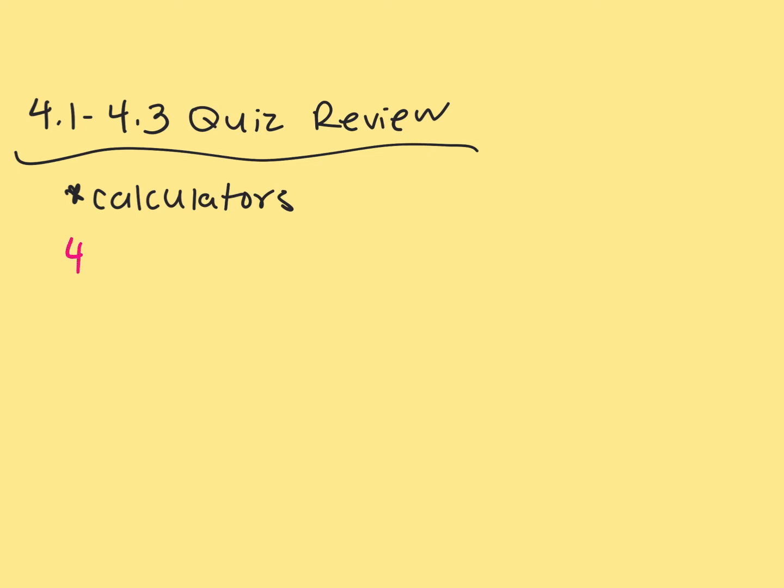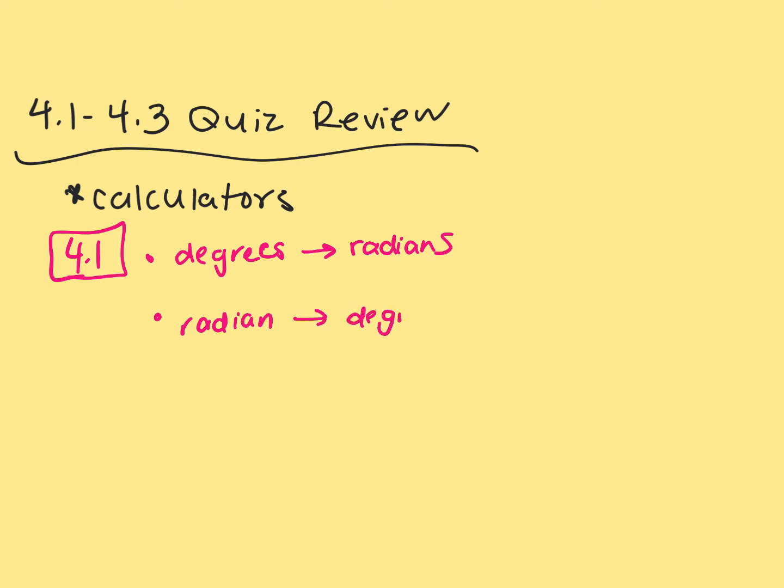So we started with 4.1, which was all the basics, right? So we did how to go from degrees to radians, and then back, radians to degrees. So we're converting. For degrees to radians, we do the angle times pi over 180.